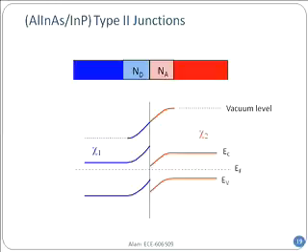Now, that's a type 2, because you can see the red one is not fitting inside the blue one, but rather delta EV is negative, they're going the other way. Delta EC is positive, just like the previous type 1 transistor. That's fine.